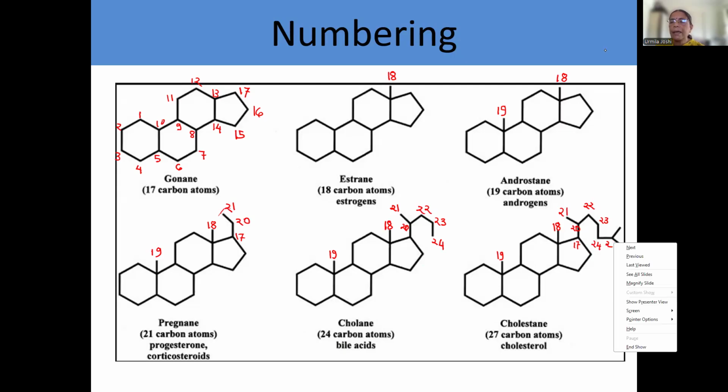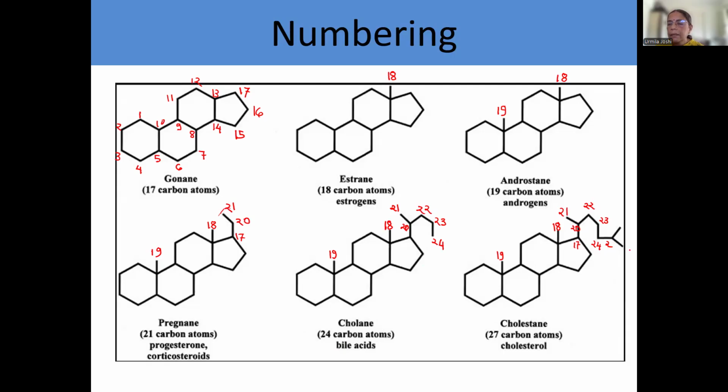After 25, you can number any one methyl group as 26 and the other one as 27. My suggestion to you is to draw the structure and write the numbering once or twice so that you master it. The logic is whatever has been added gets the next number.